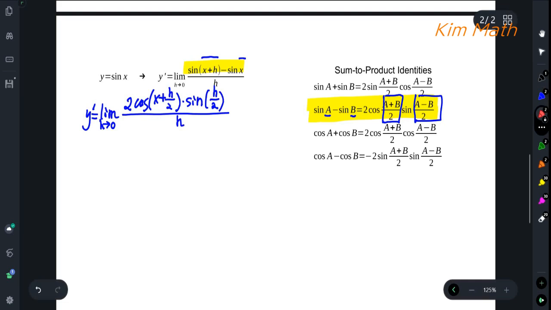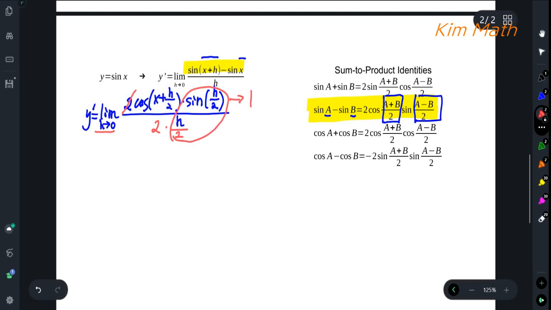Okay, here, if you have h over 2 in your denominator, the sine of h over 2 over h over 2 approaches 1, right? Good. But just dividing by 2 is not allowed. You can multiply by 2 to cancel out that effect. Now, when h approaches 0, we know that this approaches 1.